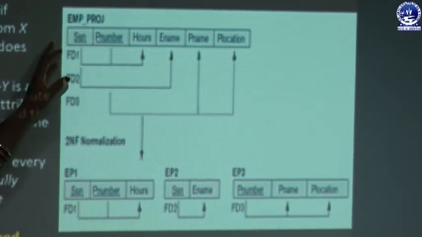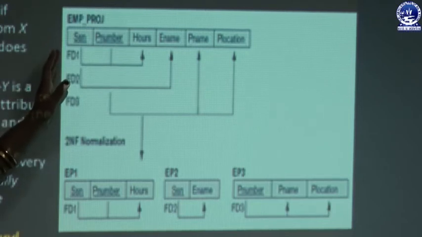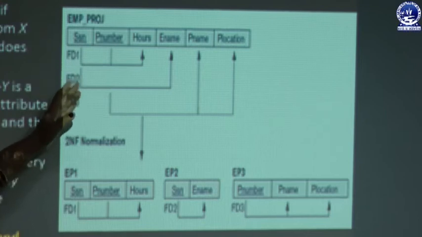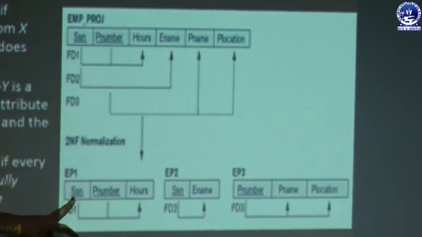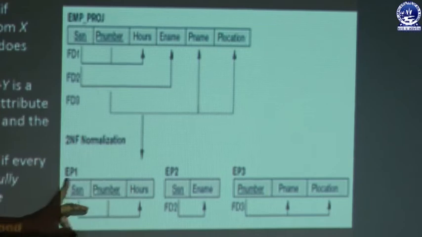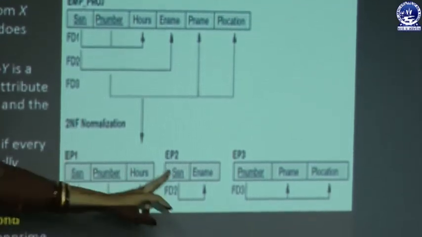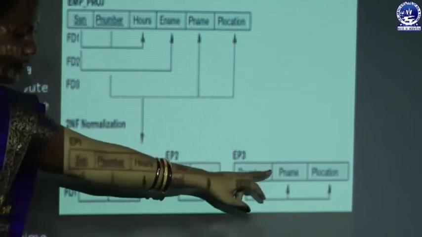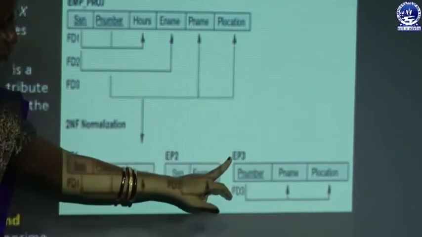That is why this relation schema does not satisfy second NF. So, to make this relation schema into second NF, we decompose this relation according to the requirement. Here SSN, pnumber and hour is one table, that is EP1. SSN and ename is another table, that is EP2. Pnumber, pname and plocation is another table, that is EP3.